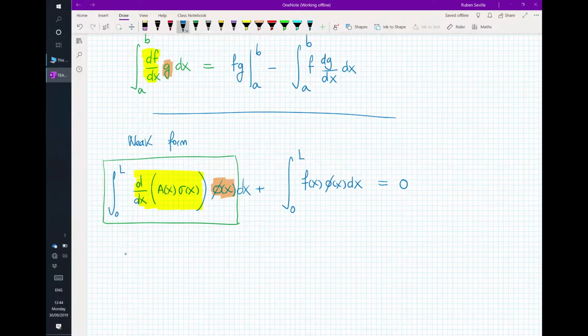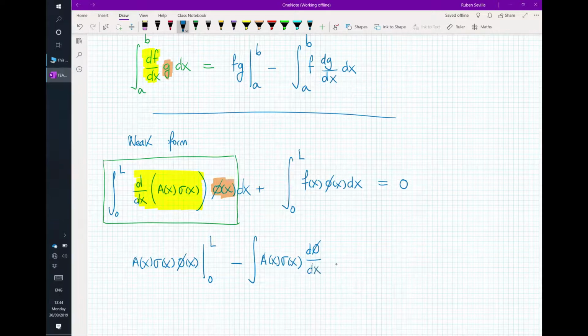I get the integral. Let me write it in the same order. A sigma and phi from 0 to L, minus the integral of A sigma times the derivative of phi. Okay. This is this part here, doing the integration by parts formula on the top.